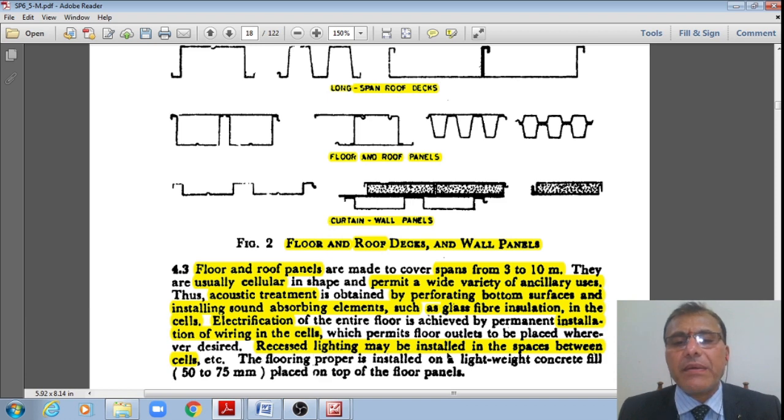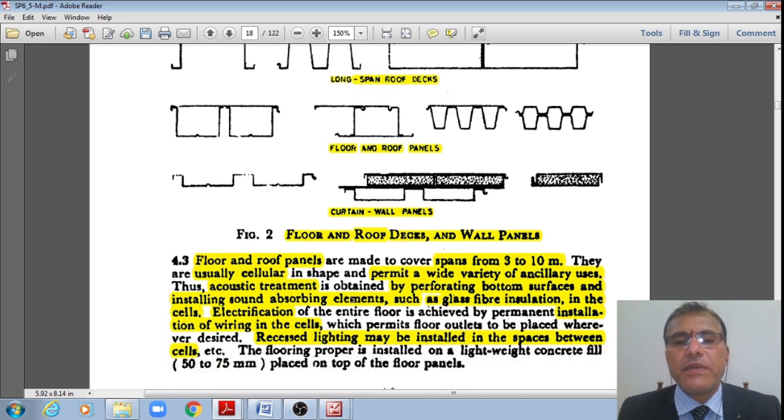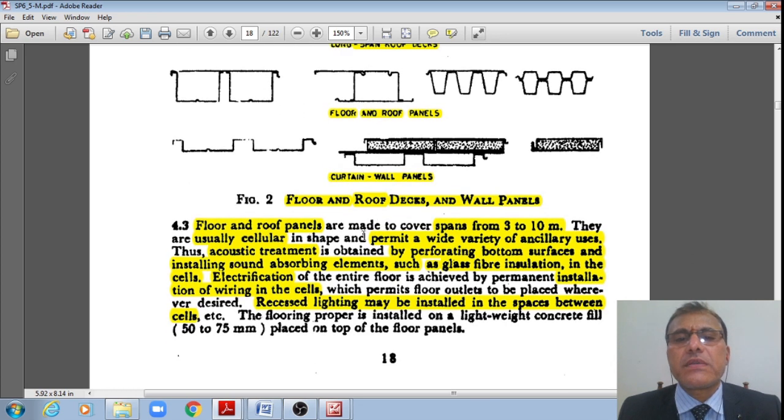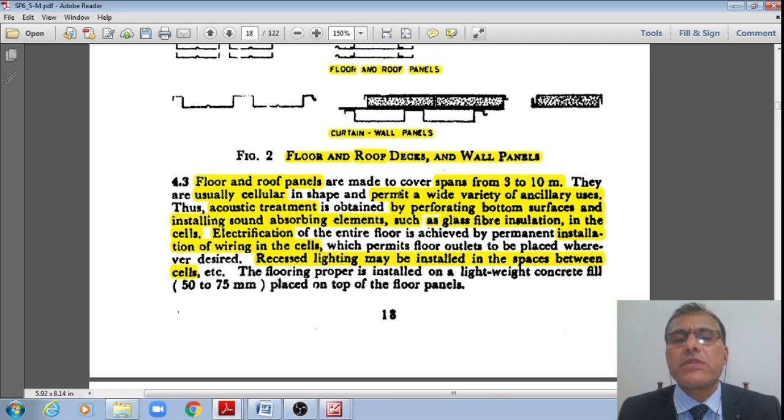However, recessed lighting may be installed in the spaces between the cells, right? Even recessed lighting may also be used for lighting purposes. Now that is how the different uses of these floor and roof panels.